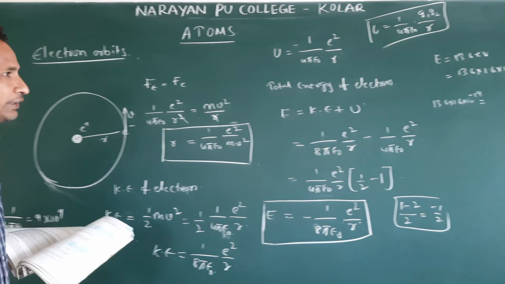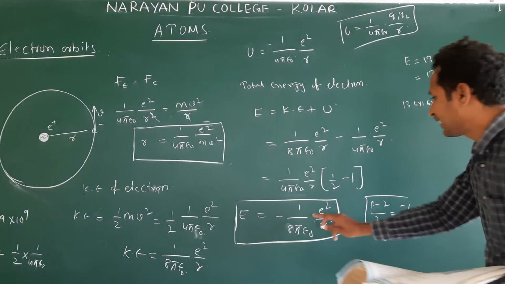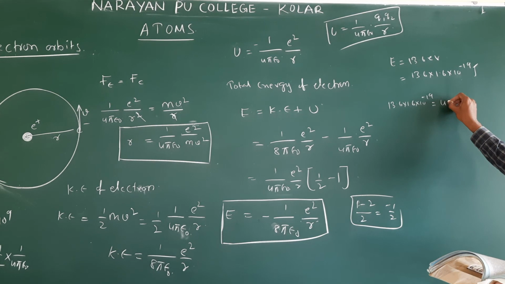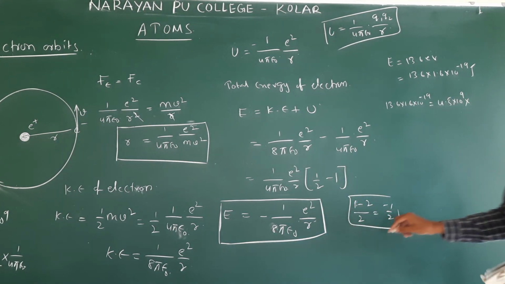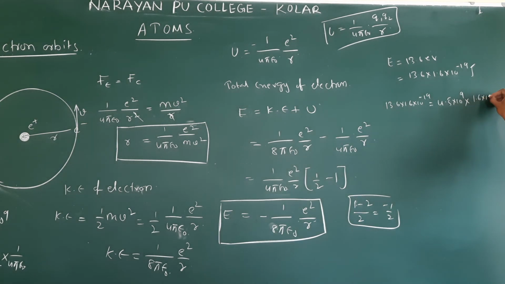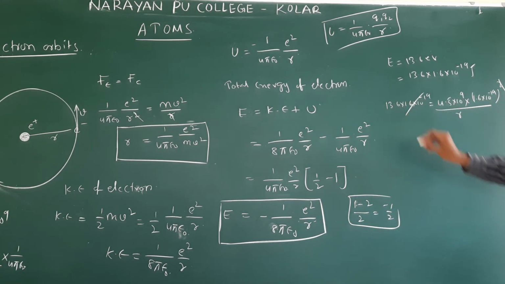This is 4.5. So I can write 4.5 into 10 power 9 into the electron charge, 1.6 into 10 power minus 19, whole square by R, which we are going to calculate. 1.6 will be cancelled.